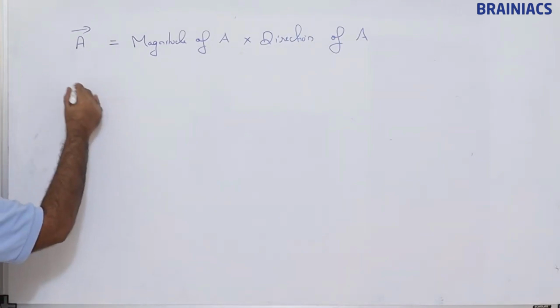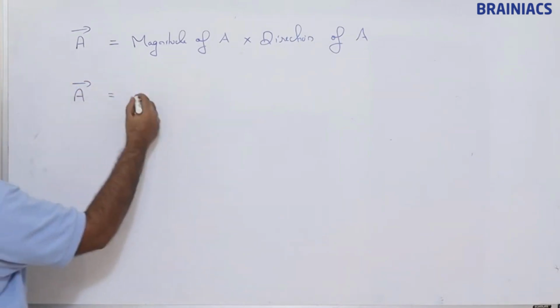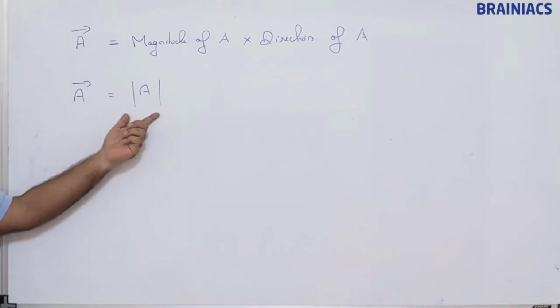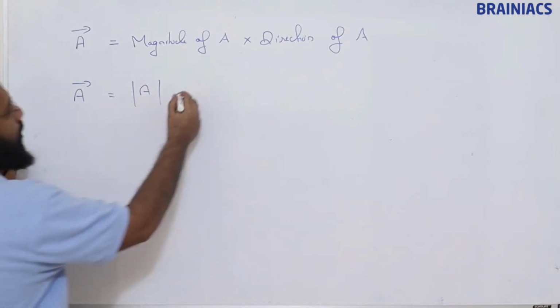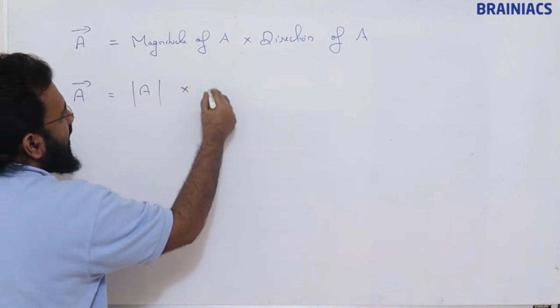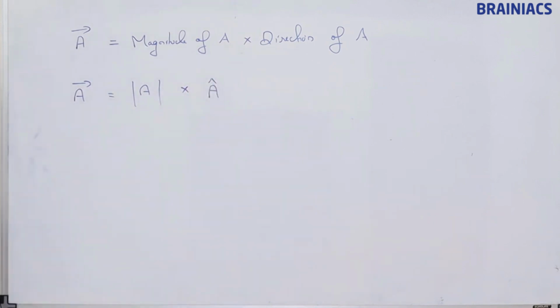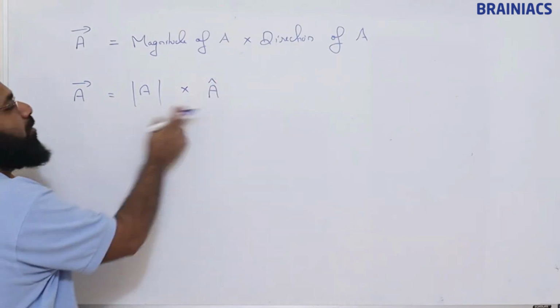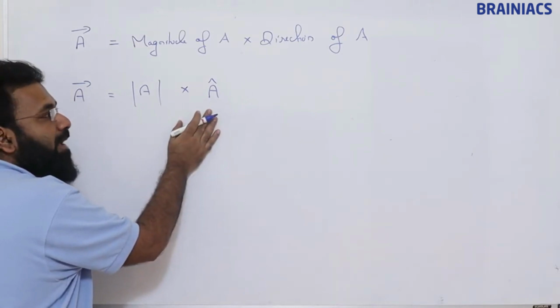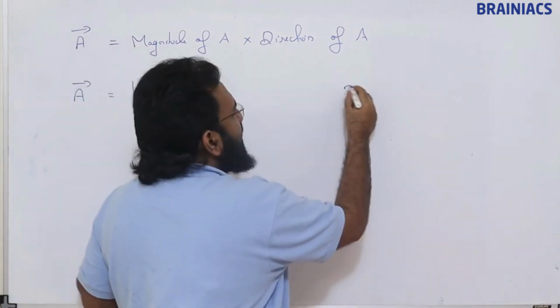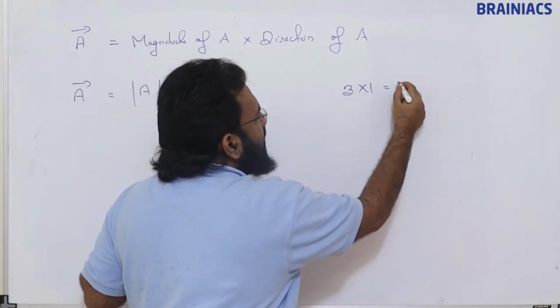We write the magnitude of vector A as mod A, into the direction of vector A, which is nothing but its unit vector. Clear? Multiplying the magnitude with the unit vector will not make any change, just like 3 into 1 is nothing but 3.